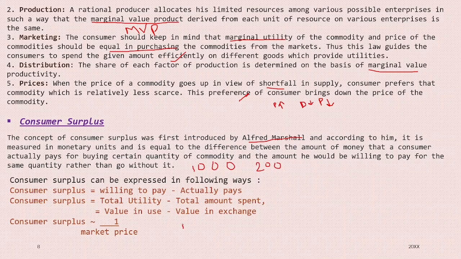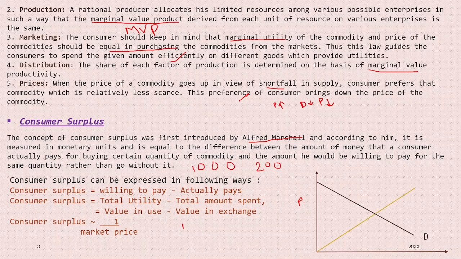So remember this. Now let's try to understand consumer surplus graphically. Here we have price on the y-axis, and on the x-axis we have units of commodities. Now this is the demand curve, which you will be studying in the chapter on the law of demand. Demand is inversely proportional to price, so the demand curve is downward sloping.